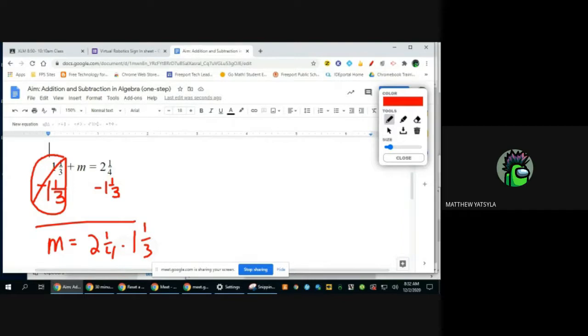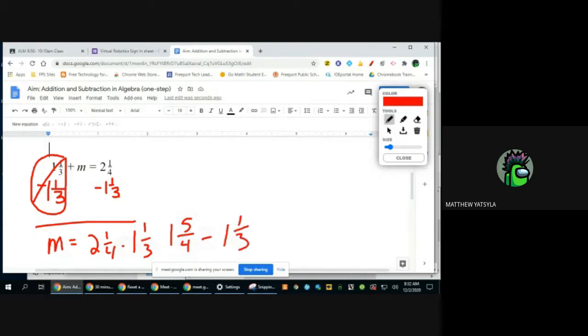Now you notice we have to do a little bit of work here because we can't subtract directly, because 1/4 minus 1/3 would get us below 0. So let's go ahead and just borrow this. Let's make this 2 1/4. We'll make this now 1 5/4, because we borrowed a whole, minus 1 1/3.